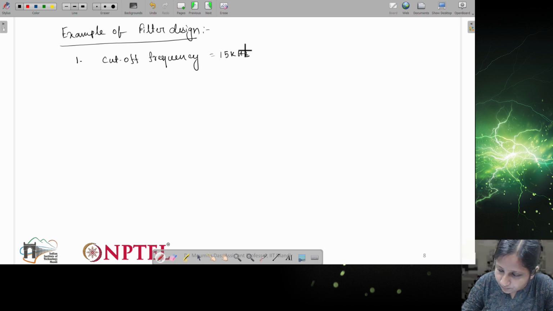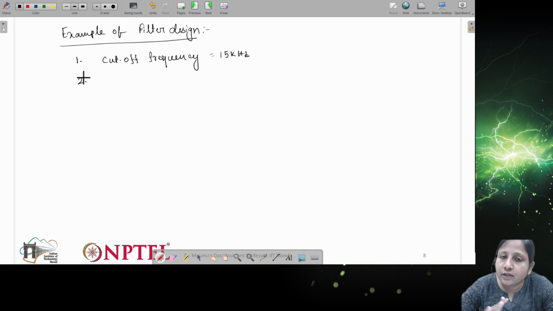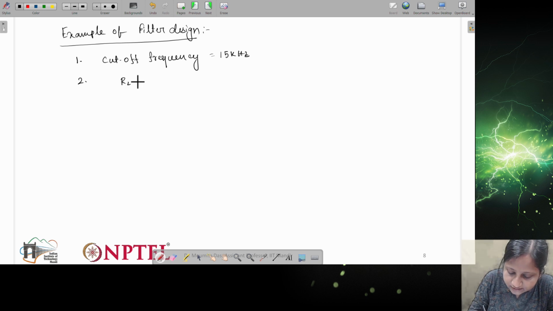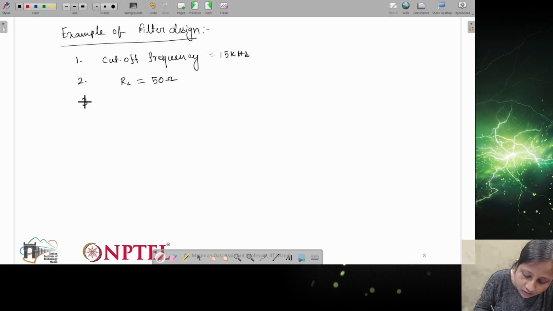Then what we have to do? We have to either find out the load resistance or select one load resistance. So let's consider this load resistance is 50 ohm. We have two different parameters, so first and second point we have. Then third, what is required?